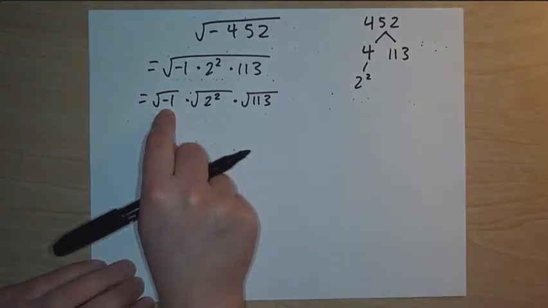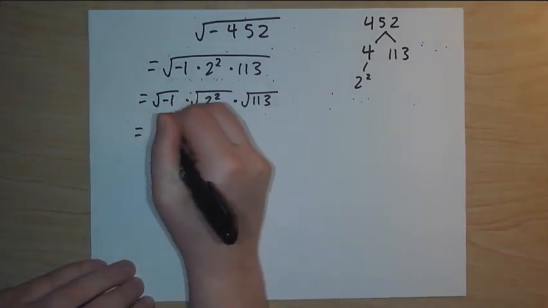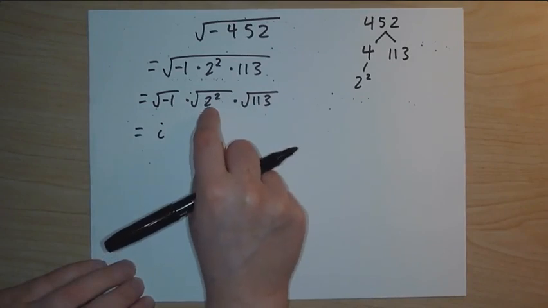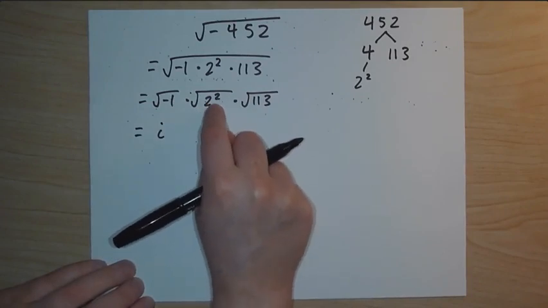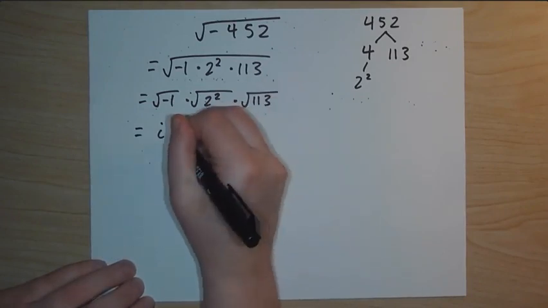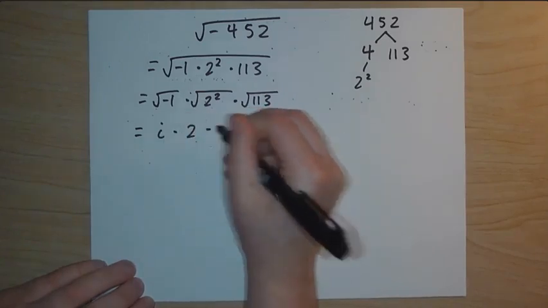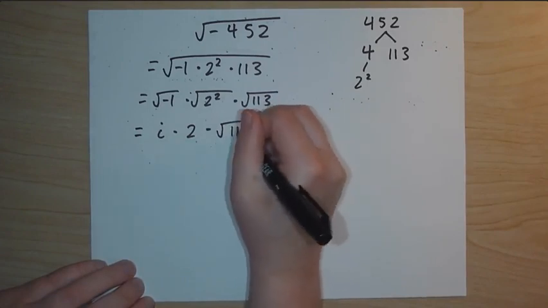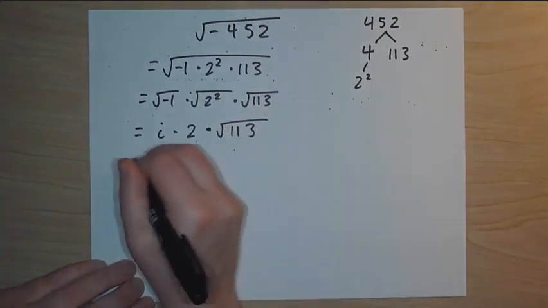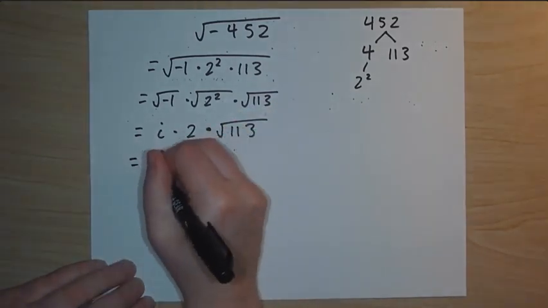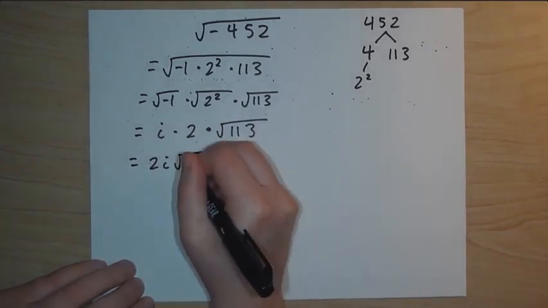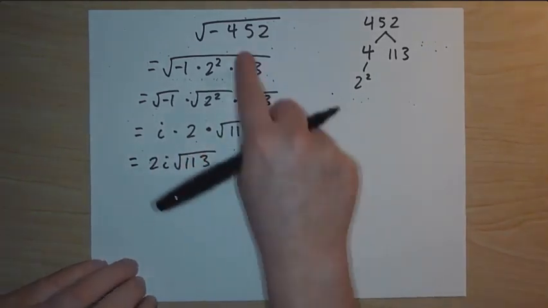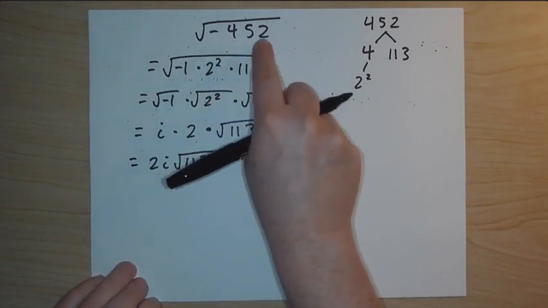The square root of negative 1 is i, so this is i. Something squared that's in a square root is just going to be itself, so this is just 2. And then we're going to keep the square root of 113 as itself because it can't really simplify anymore. So just rewriting this, this is 2i times the square root of 113. It's the same thing as the square root of negative 452.